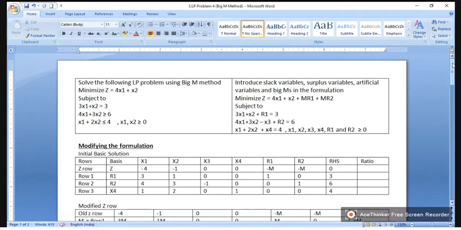Has Vishwanath joined? Vishwanath has not joined yet, sir. I sent a message. Okay, okay, no problem. So all of you note down the problem.